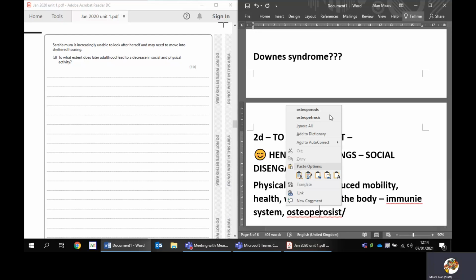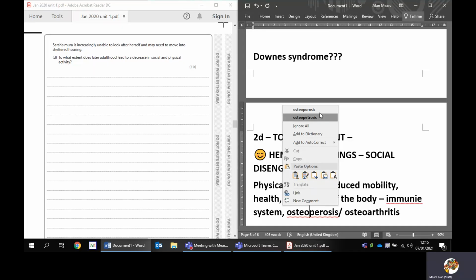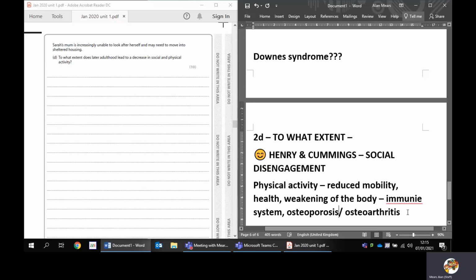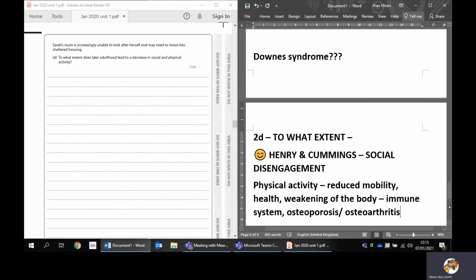That's going to be spelled wrong. Osteoporosis, and osteoarthritis. Again, my spelling is awful. As I say, if you wrote the spelling slightly wrong, I imagine most examiners would know what you're saying.